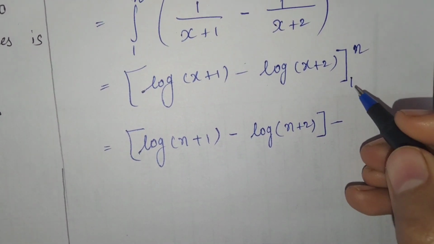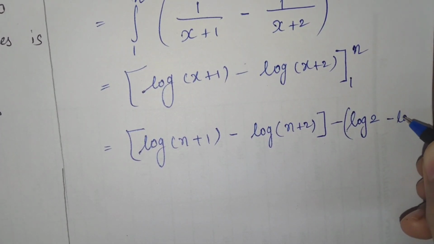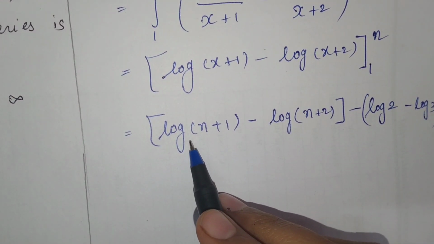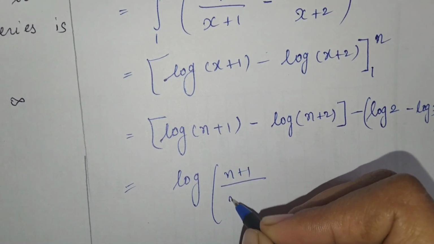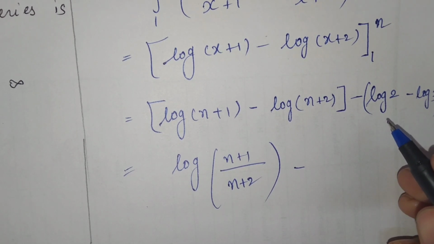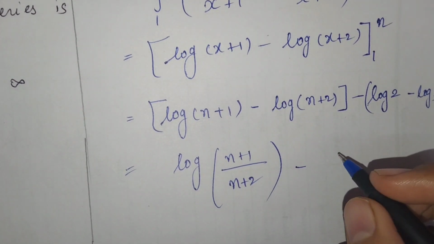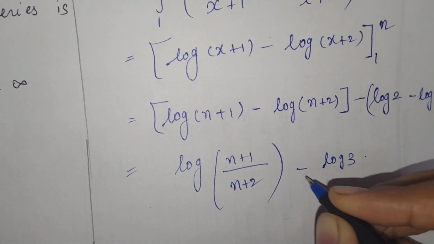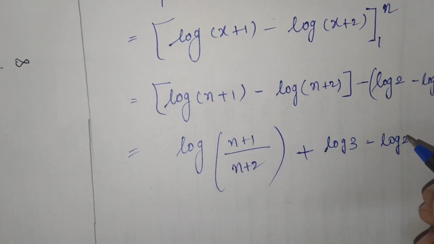Putting the lower limit 1, we get log 1 plus 1, that is log 2, minus log 3. Again it is of the form log a minus log b, so we can write log a by b. But here also, if we take the terms common, if I write like this, log 3 plus log 3 minus log 2.